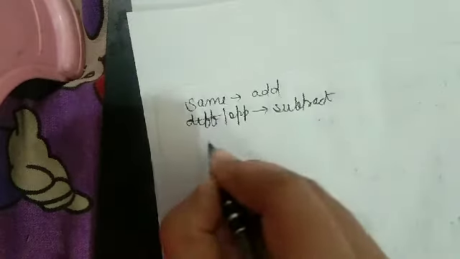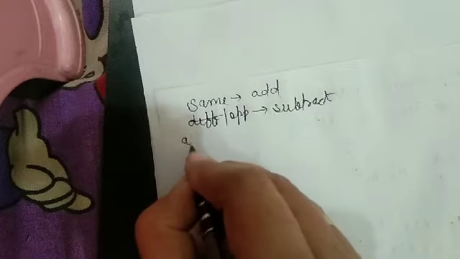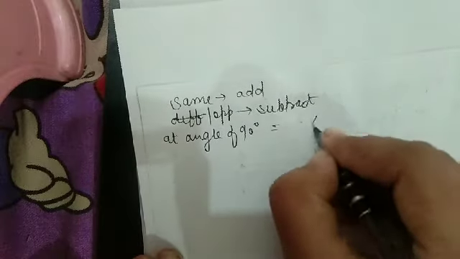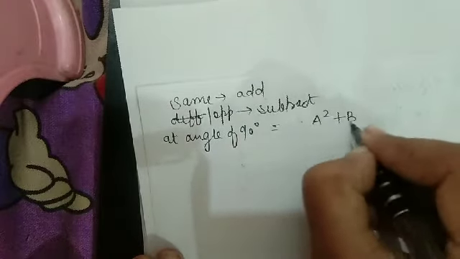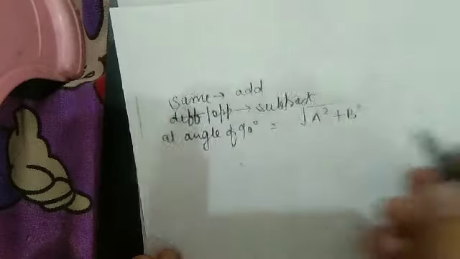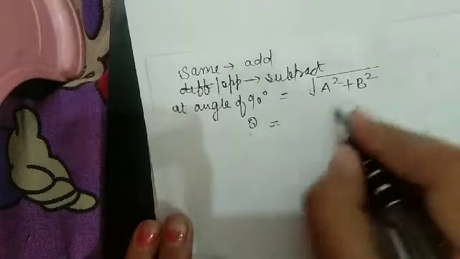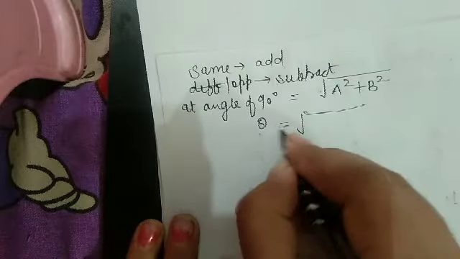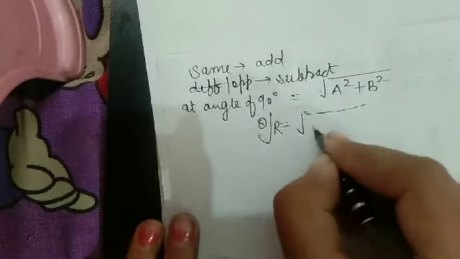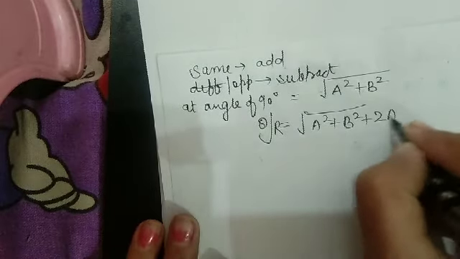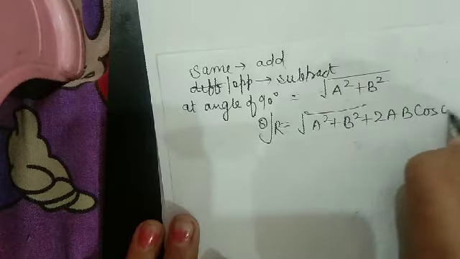If they are inclined at an angle of 90 degrees, meaning perpendicular, then the resultant will be the square root of first square plus second square. If they are inclined at any angle theta, including 90, the result is the square root of A square plus B square plus 2AB cos theta.